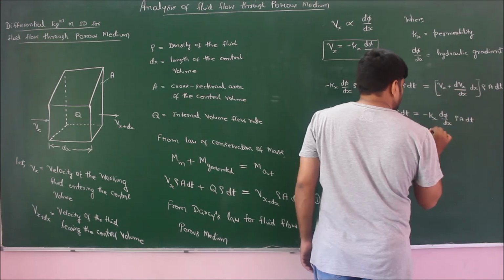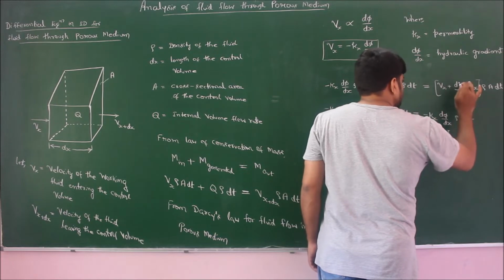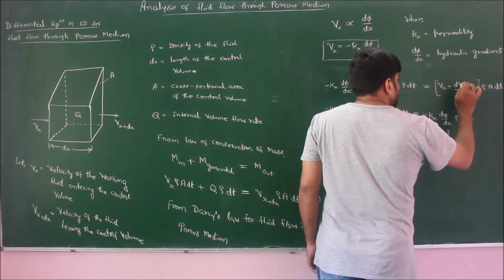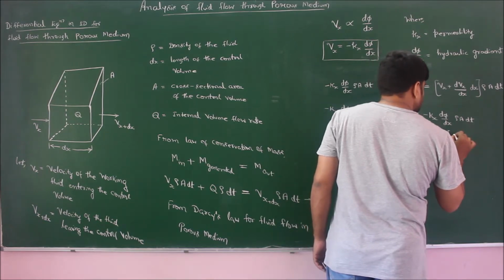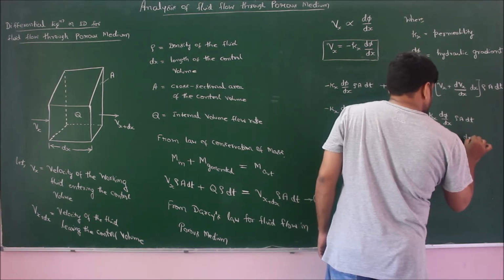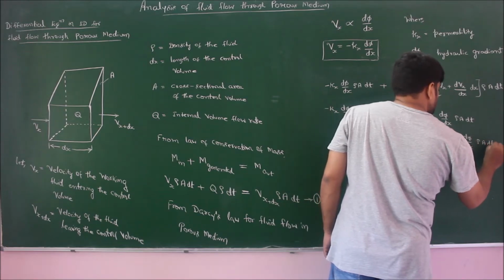Substituting for this, we have again minus d by dx of, using Darcy's law, Vx as kx d phi by dx, rho A dt into dx.